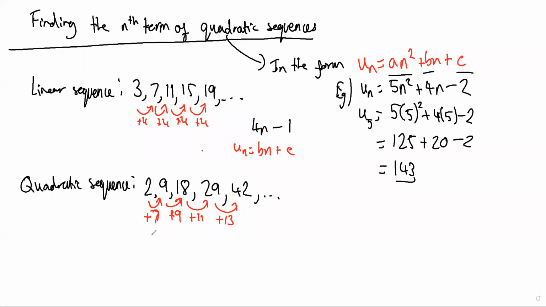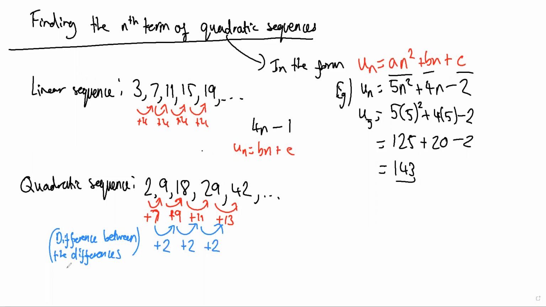But one thing to realize is that we can find the difference between the differences. The difference between 7 and 9 is 2. The difference between 9 and 11 is 2 again. And the difference between 11 and 13 is 2 as well. And you can see now that we've got a fixed difference. It's like the linear sequence. This is called the difference between the differences.